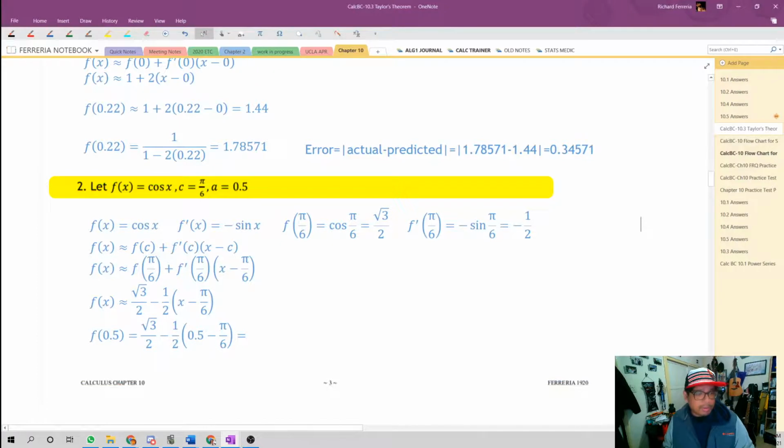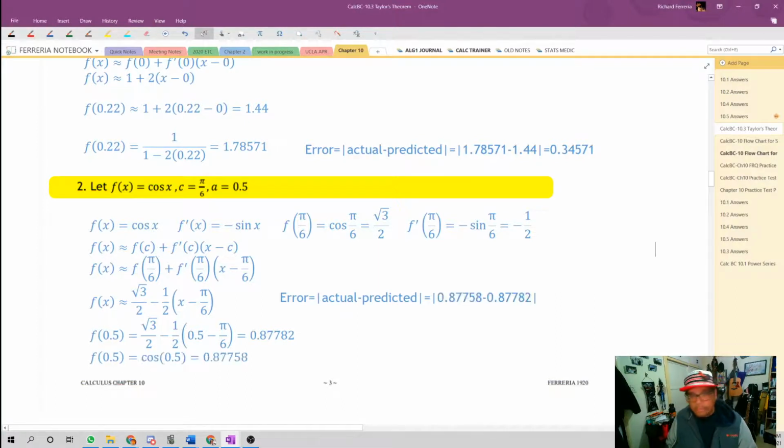Grab your calculator. I get that the estimate of f of 0.5 is 0.87782. Lastly, we're going to compute error, and error is actual minus predicted. Substitute our approximation for the cosine of 0.5, and then our estimate of the cosine of 0.5. And we can see that our error is really, really small. It's 0.00024.